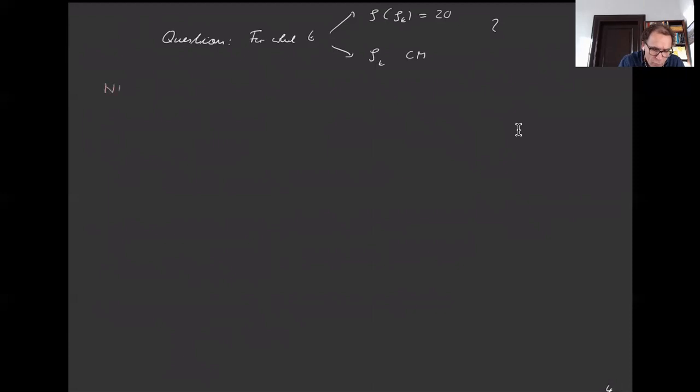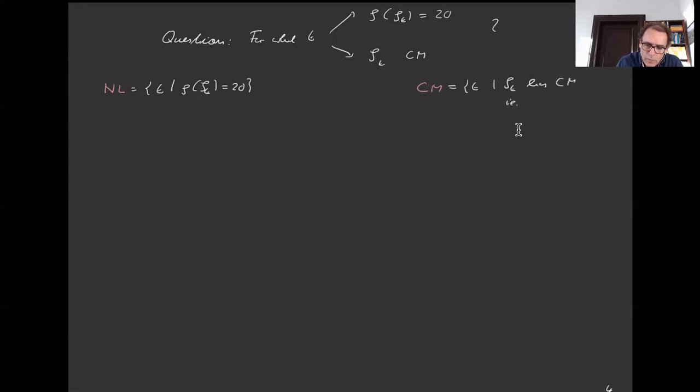the two loci, Noether-Lefschetz and complex multiplication. The Noether-Lefschetz locus should be the set of all t's where the fiber has Picard rank 20, and CM is the set of all t's where the fiber S_t has complex multiplication.